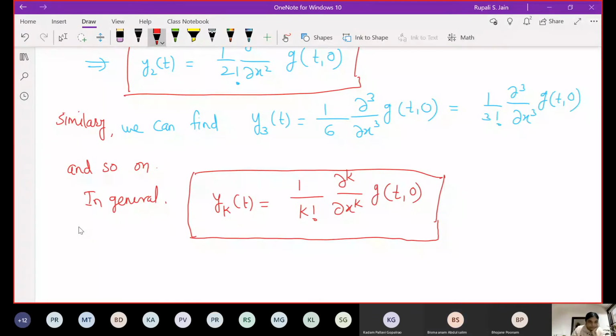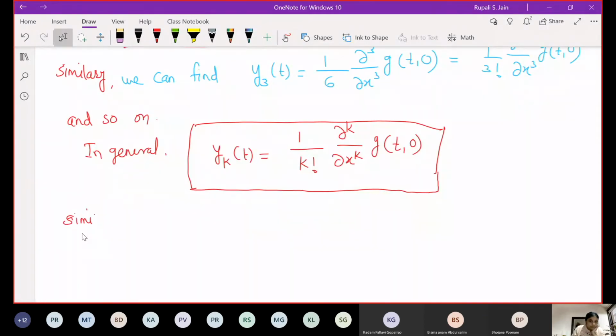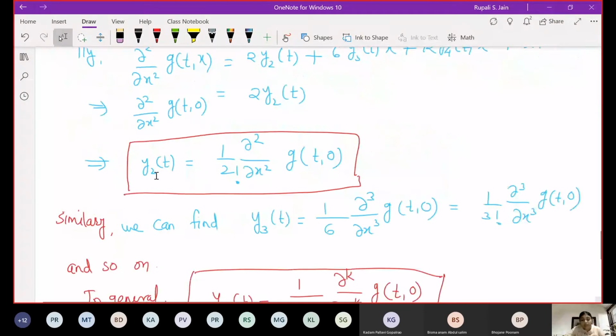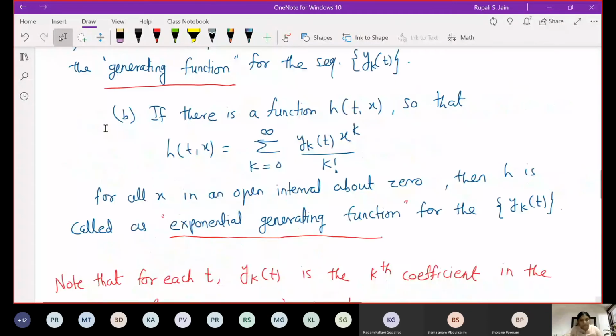Similarly, we can show that if I know the exponential generating function, the sum from k equals 0 to infinity of y_k(t) x^k upon k factorial, how do I find y_k(t)? We can show that y_k(t) is nothing but the kth derivative at (t, 0), where the k factorial will get cancelled.